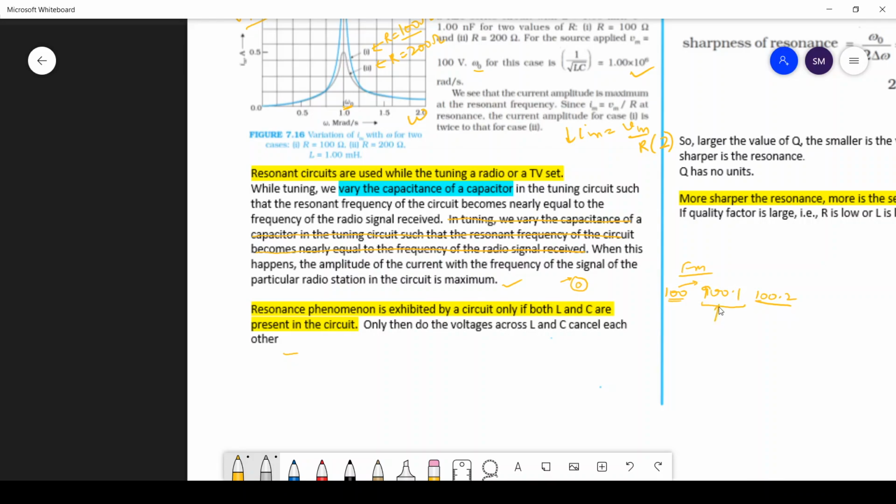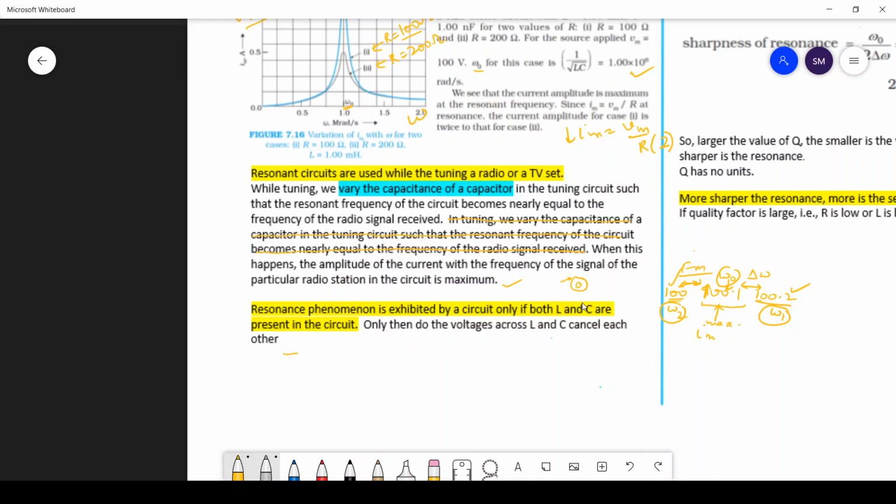So here is the resonant frequency where Im is maximum. This frequency we call omega 1, this frequency we can call omega 2, and this gap is delta omega, and this gap is delta omega. At frequency omega 1 we have this channel, at frequency omega 2 we have this channel, and at frequency omega naught we have loud, clear sound. That is the resonance condition.